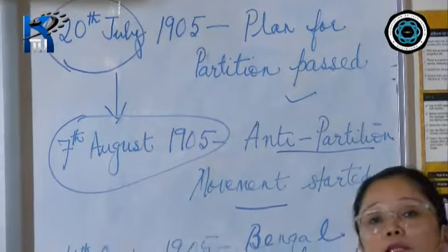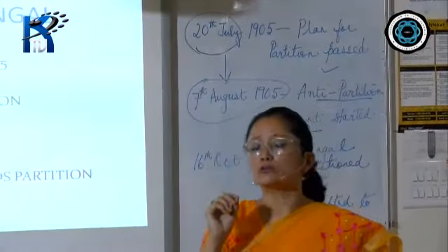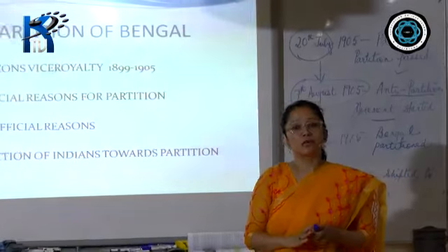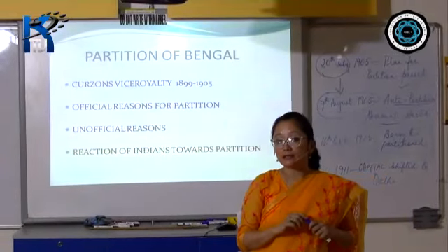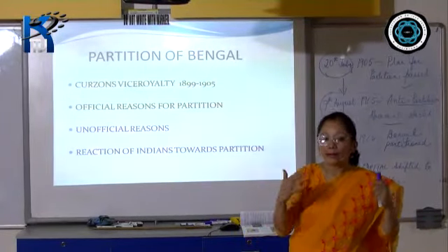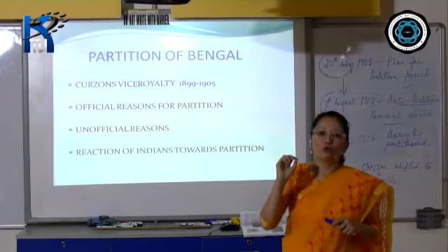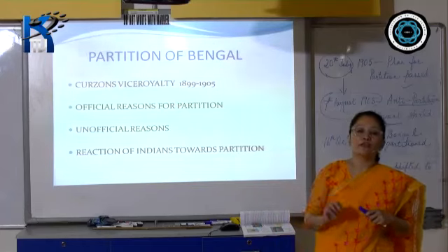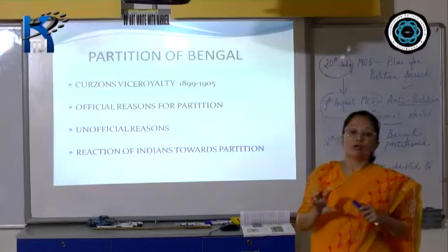Meaning, now the Indians found something is fishy, something is not right. The official reasons that have been given by Curzon could not be digested by the Indian leaders. And therefore, they quickly decided to go against this plan, to go against this official reason, and they launched the famous anti-partition movement.